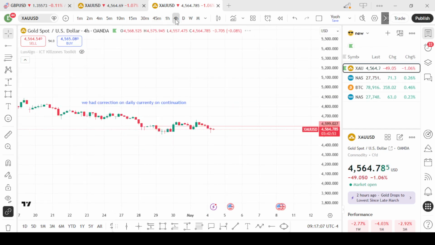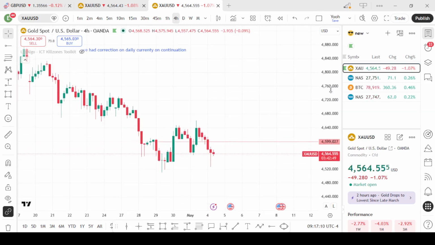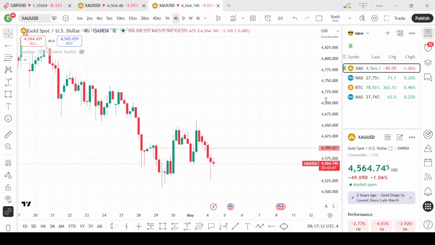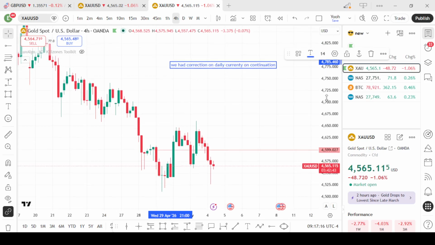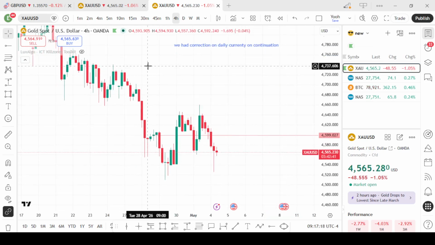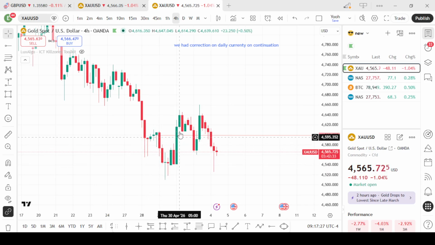So on the 4 hour, it's also very clear. We formed our lower high, lower low, lower high, lower low, higher high, higher low, higher high.